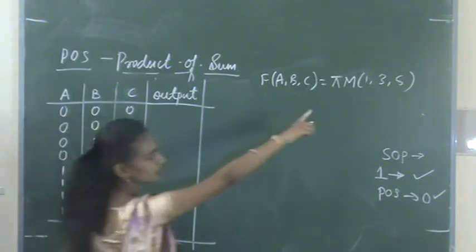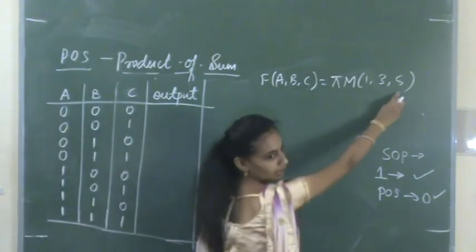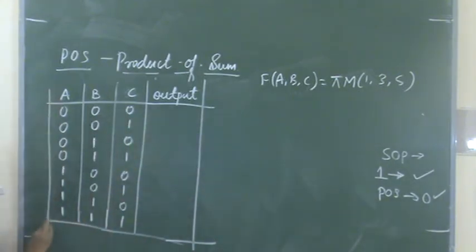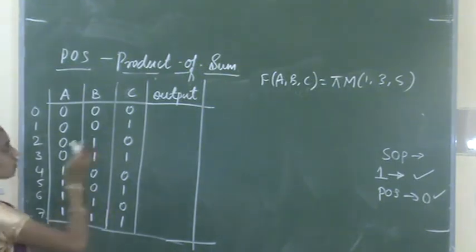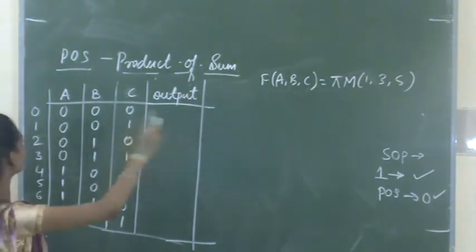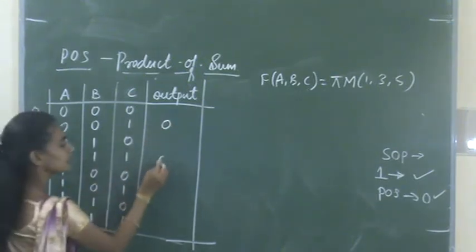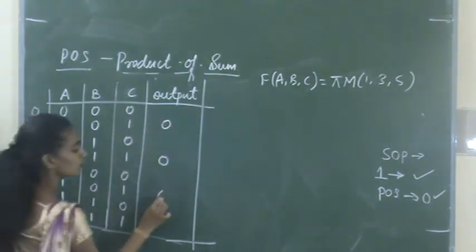So now they mentioned 1, 3, 5 as the function. So 0, 1, 2, 3, 4, 5, 6, 7 are the decimal numbers. They mentioned 1, 3, 5. So for 1 it is 0, for 3 it is 0 and for 5 it is 0.